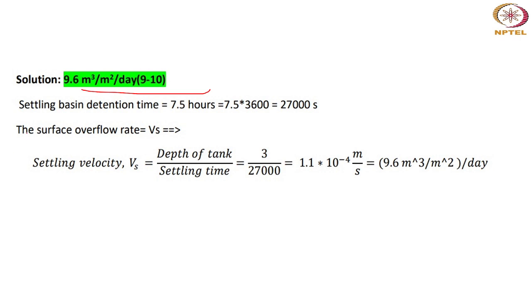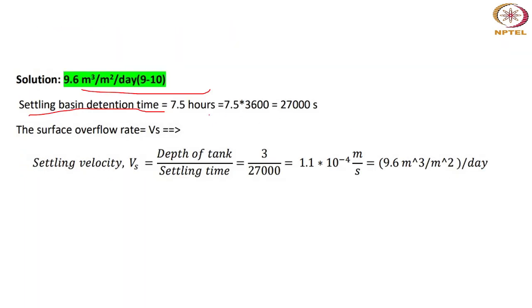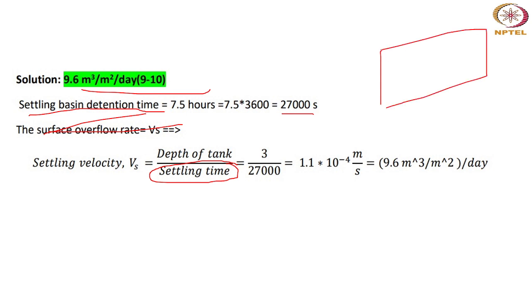The settling basin detention time was given as 7.5 hours, so I'm converting this into seconds: 7.5 multiplied by 3,600, I'm getting 27,000 seconds. And the settling velocity we get as the depth of the tank divided by the settling time.